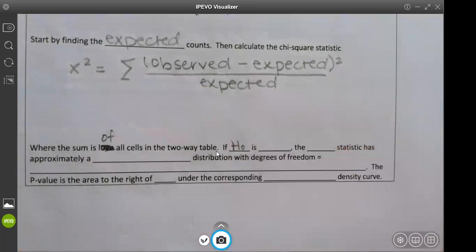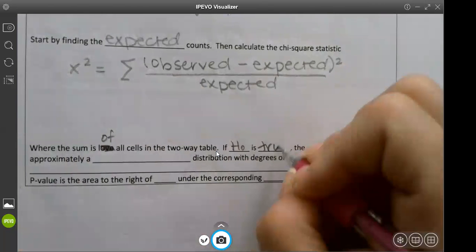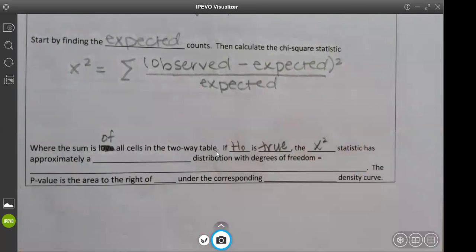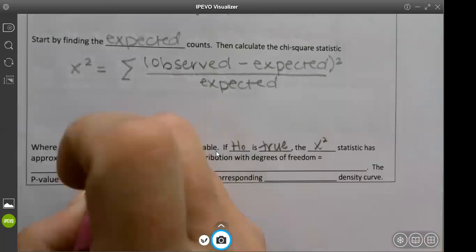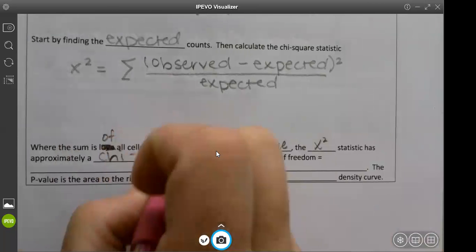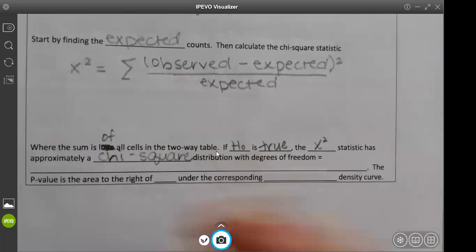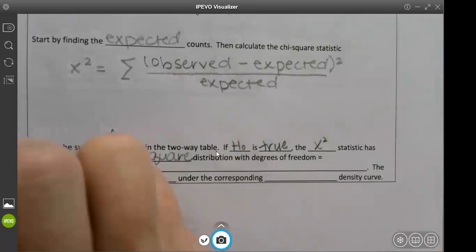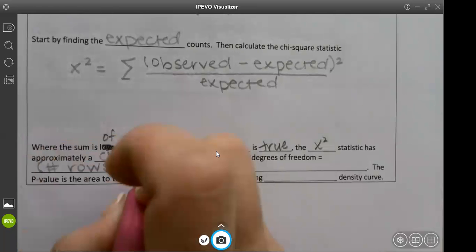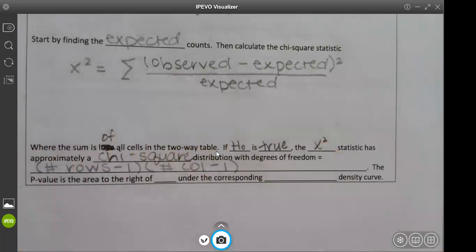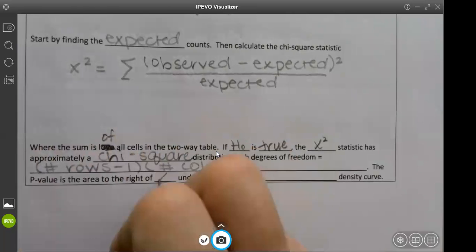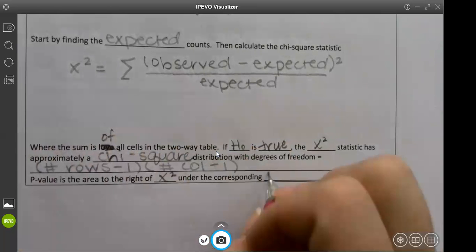If H sub 0 is true, the chi-square statistic has approximately a chi-square distribution with the degrees of freedom equal to, remember to define degrees of freedom, number of rows minus 1 times the number of columns minus 1. And you don't have to know the difference between rows and columns because when you multiply, it doesn't matter. Okay? It doesn't matter what order you put it in. The p-value is the area to the right of the chi-square statistic under the corresponding chi-square density curve.